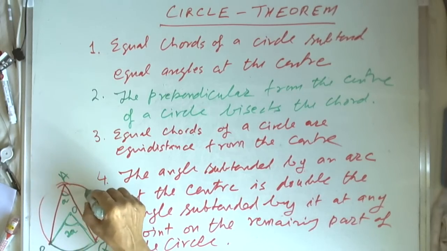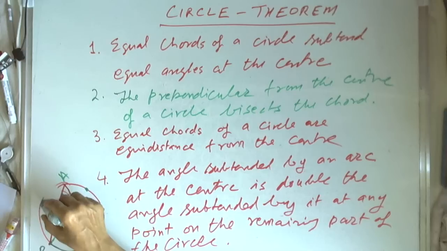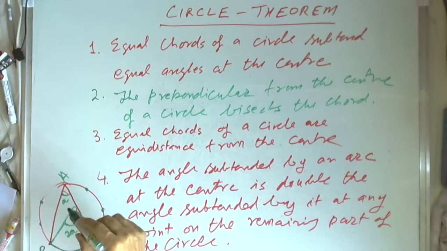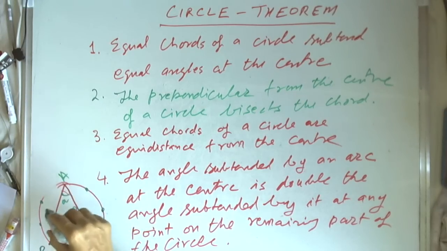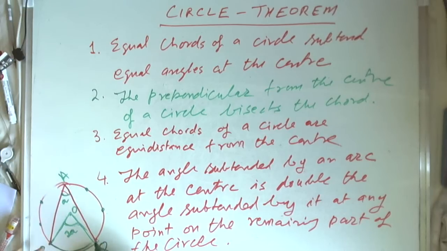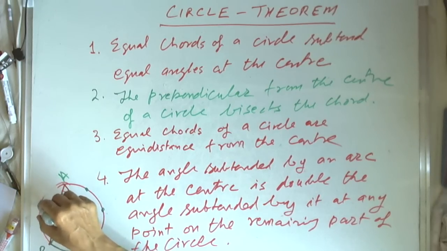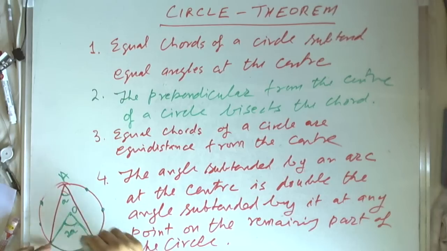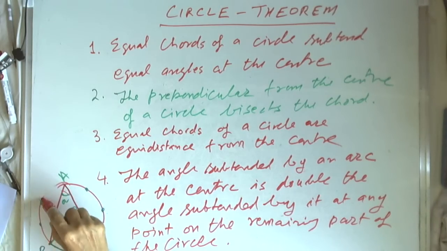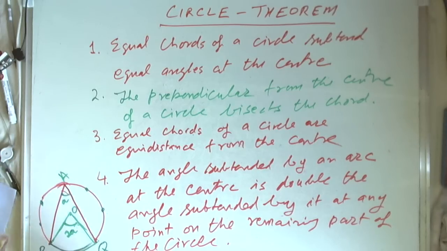So A could be here, here, here, and we have seen earlier that all these angles are equal. So any angle subtended from PQ on the remaining part will always be half of this angle, and among themselves these angles will also be equal. I am not drawing them because it will make the picture very complicated.